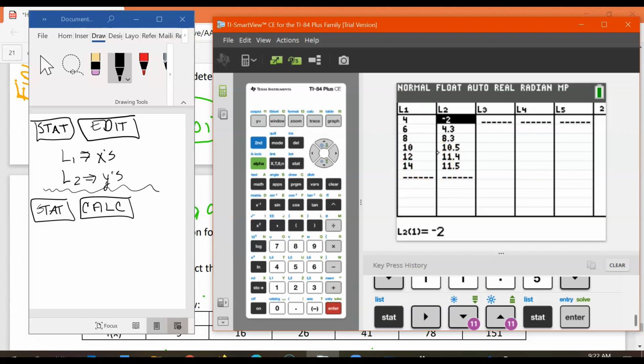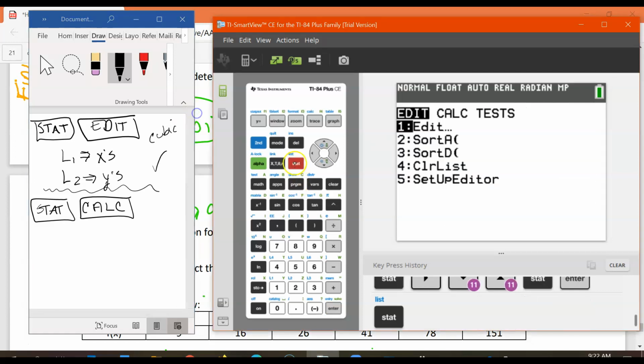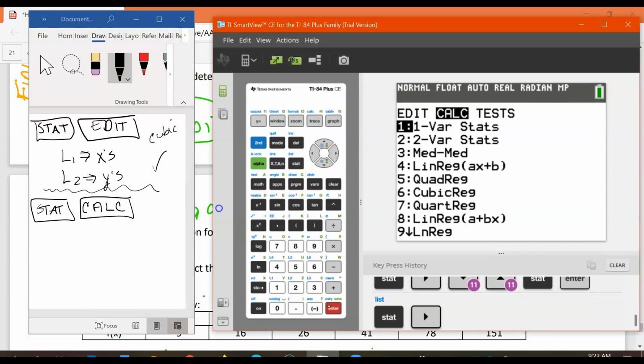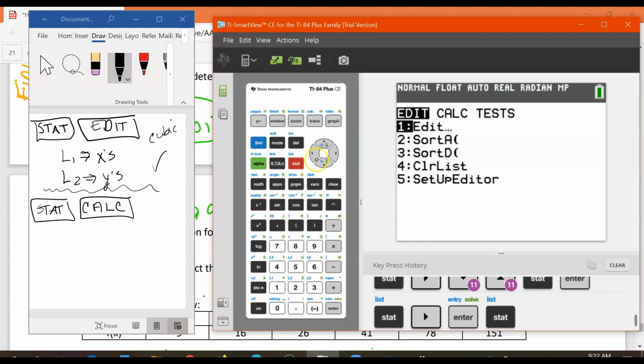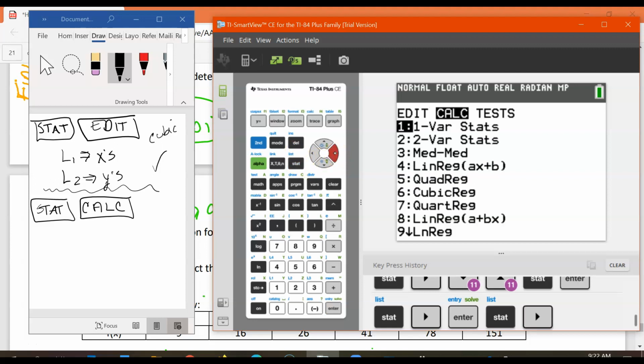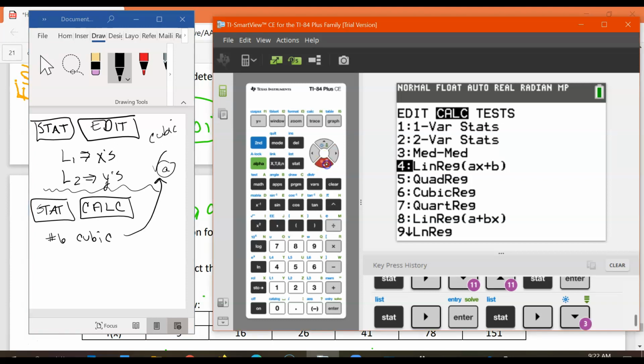So now I know it's a cubic from step A, so I'll do stat calc, enter. Oh, I didn't mean to do that, so let me clear that. Stat calc. All right, I want to go to number 6 here, because it is a cubic, which I determined from A, my finite differences. So I'm going to move my cursor down to 6, and I get a cubic.